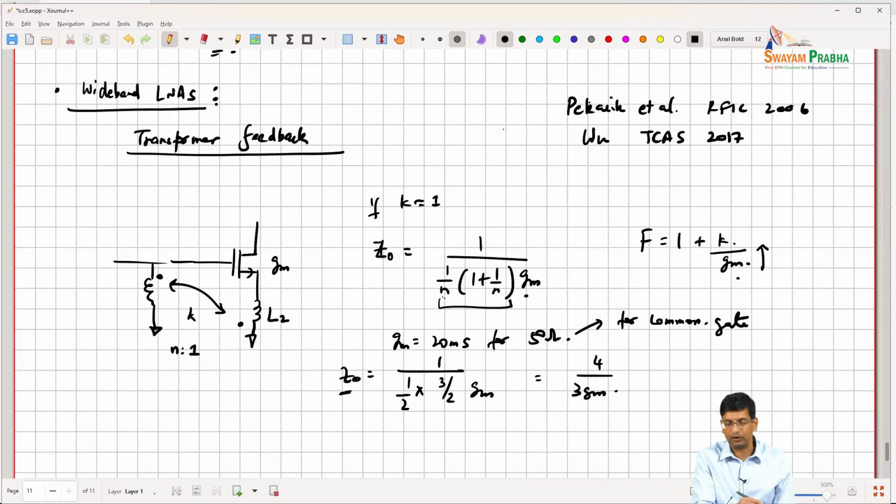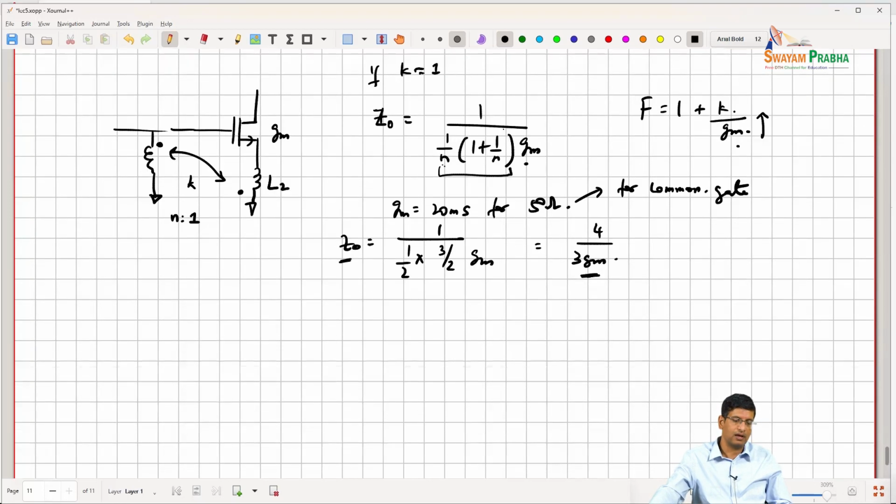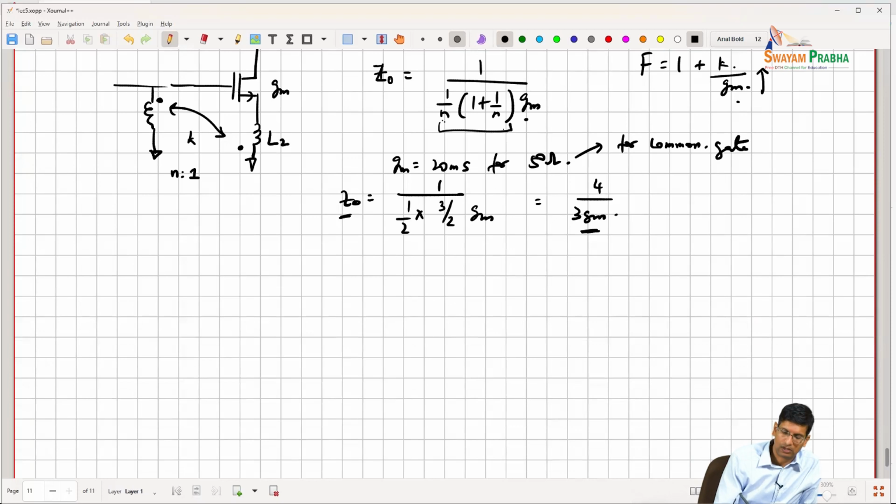And this kind of topology, because the input impedance depends effectively like a 1 over gm matching network, you get wideband matching compared to source degeneration.